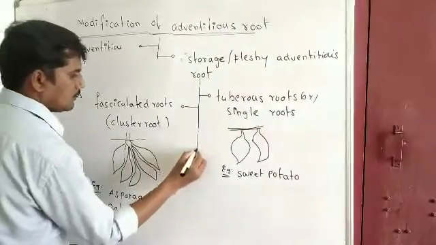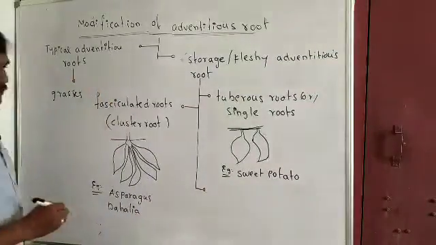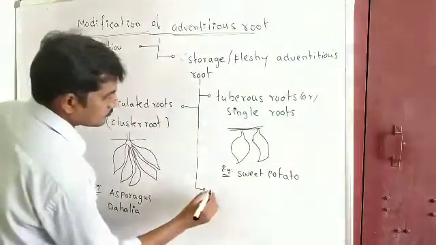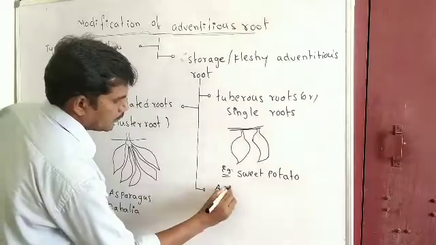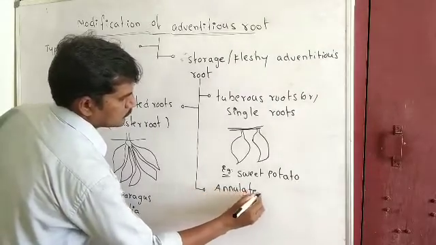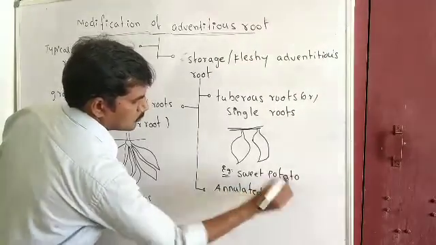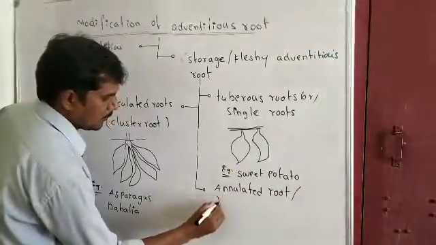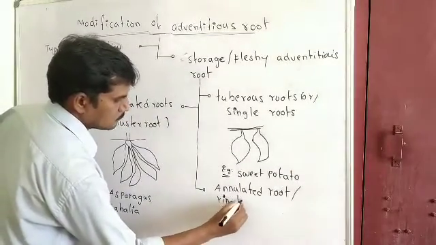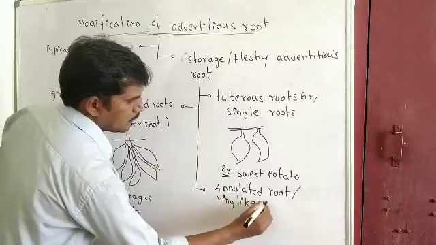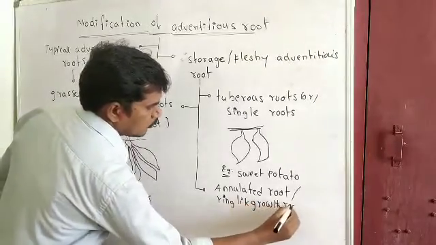Next, the third one we are going to discuss is the annulated roots. Annulated roots are also called ring-like growth roots.